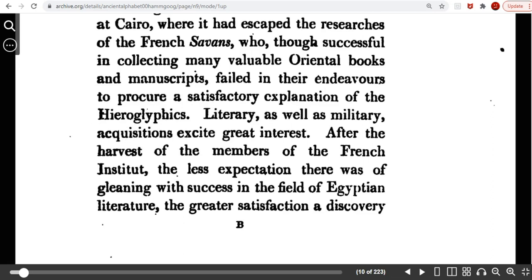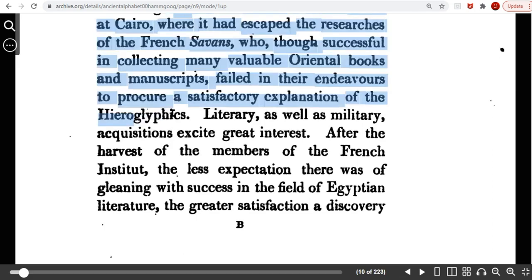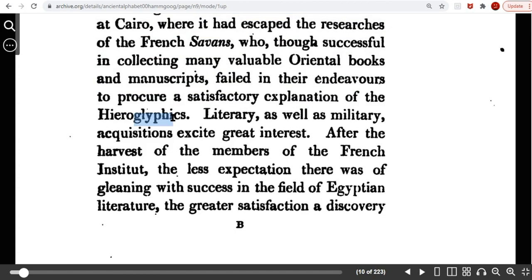And the hiero, the sacred, the secret, and glyphics, logos. Glyph is carving, and IKS is where your word likes comes from. Likes, a like image. The secret carving like images.